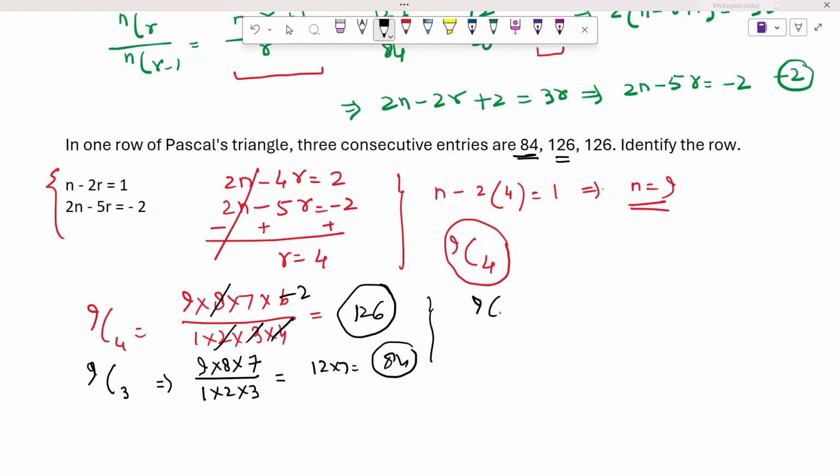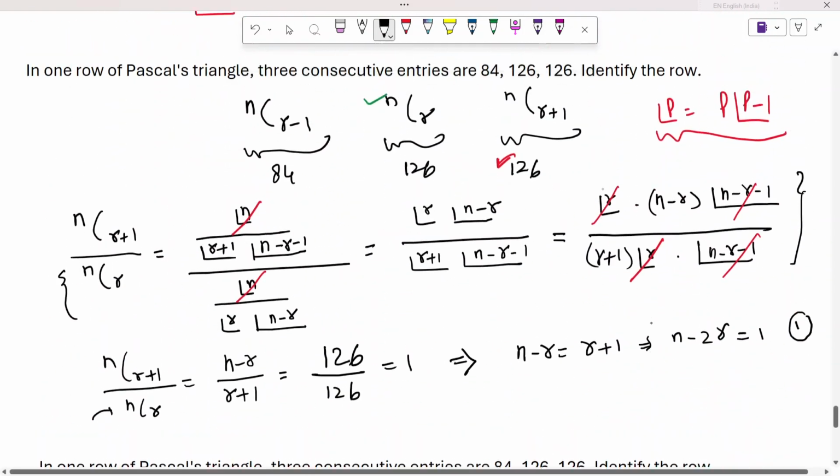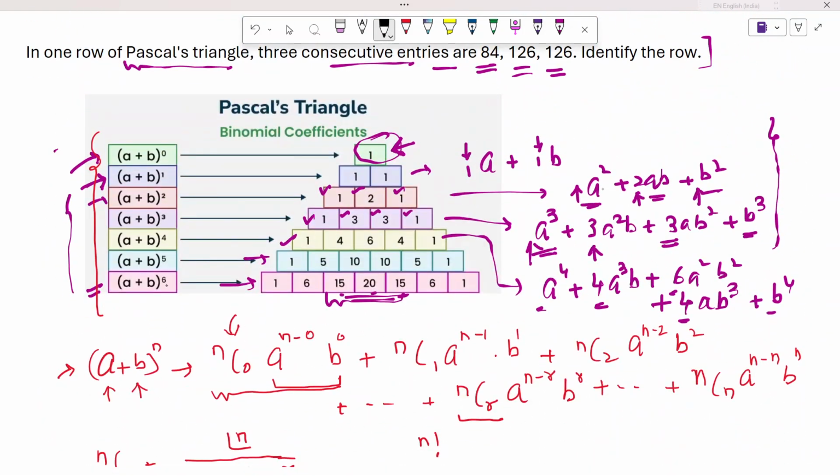So third is 9C5, but 9C5 is of course equal to 9C4, and 9C4 is equal to 126. So this point is also valid. This third entry is also correct. Now the point is to identify the row. Now we shall go back to our Pascal triangle. Just try to understand. When the power is 6, it is the 1, 2, 3, 4, 5, 6, 7th row, the 7th row when power is 6, means n is equal to 6.